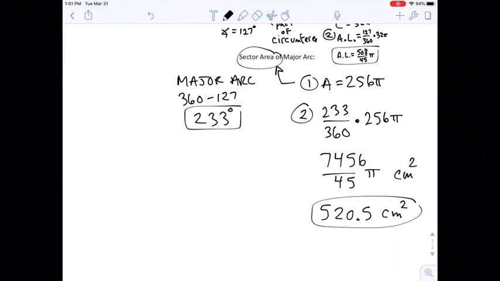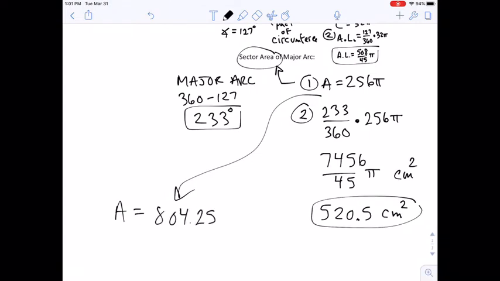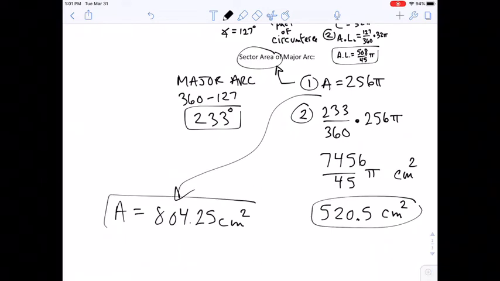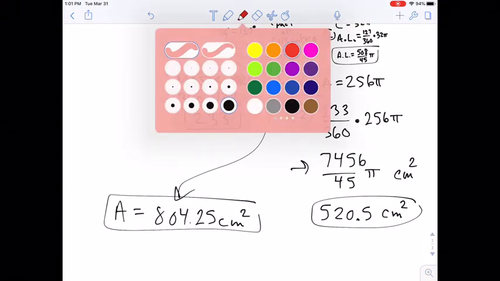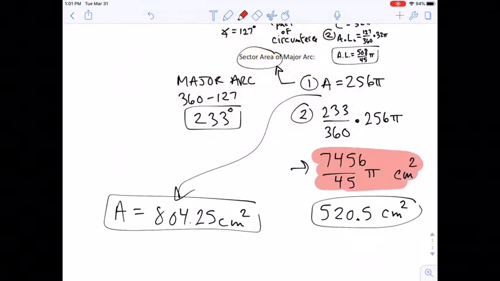That seems like a lot, especially when you look at the area. The area is 256 times pi, which is 804.25 centimeters squared. These are rounded numbers, so I would rather we use the fraction that we have in our answer here. Go ahead and use this as your final answer.